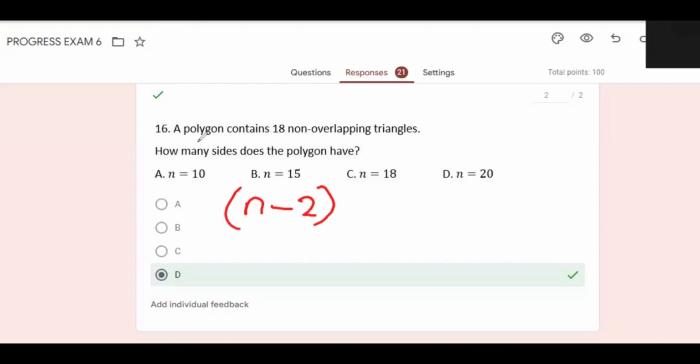So if you have n minus 2, but here they say non-overlapping triangles, that it contains 18 triangles. For a pentagon, for example, a 5-sided shape, how many independent triangles do we have in a pentagon? You know, n is 5. The number of sides is 5 for a pentagon.